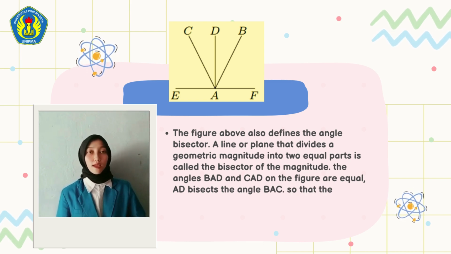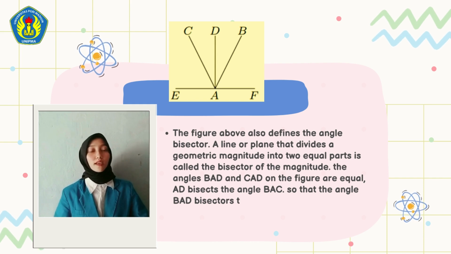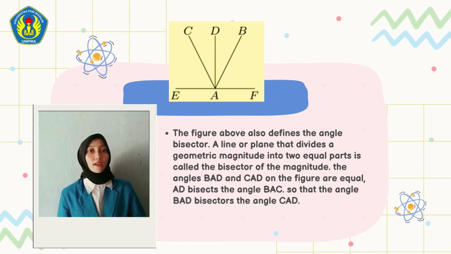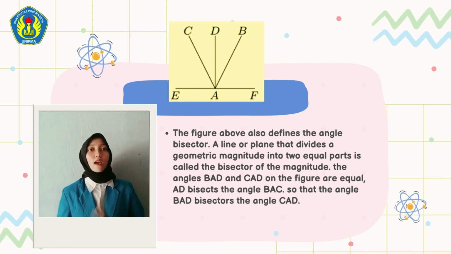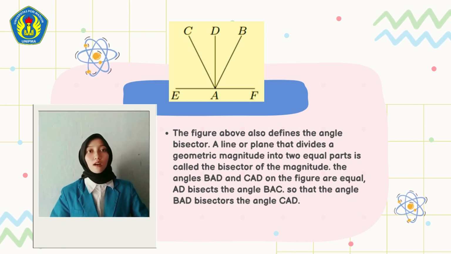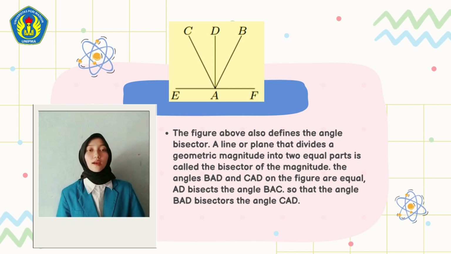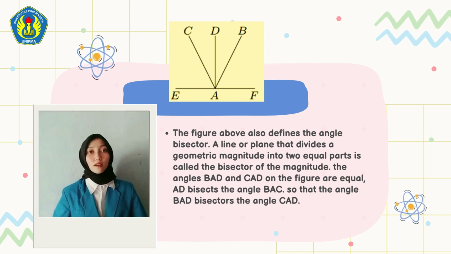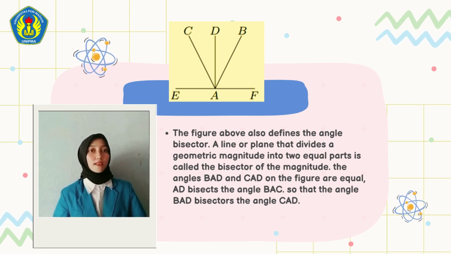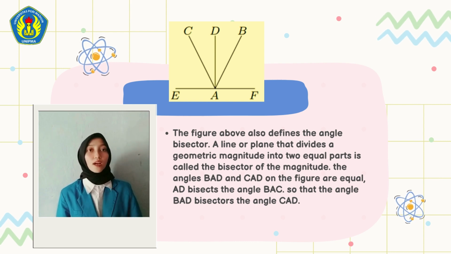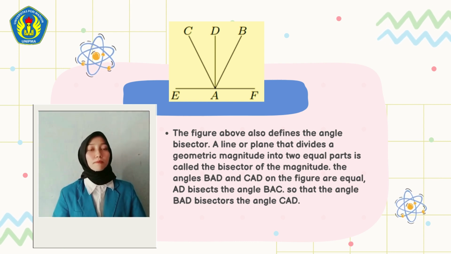If the angles BAD and CAD are equal, and AD divides the angle BAC into two equal parts, then AD is the dividing line of the angle BAC into two equal angles. In geometry, such a line is called the bisector of the angle BAC. So, AD is the bisector for the angle BAC.